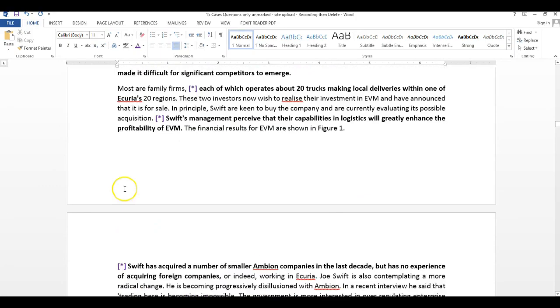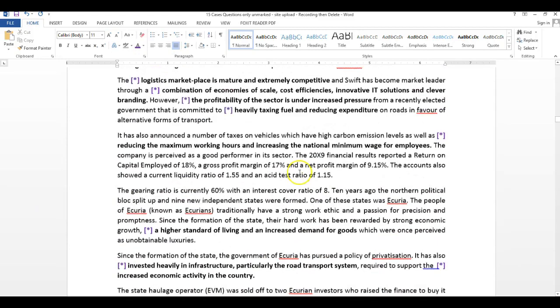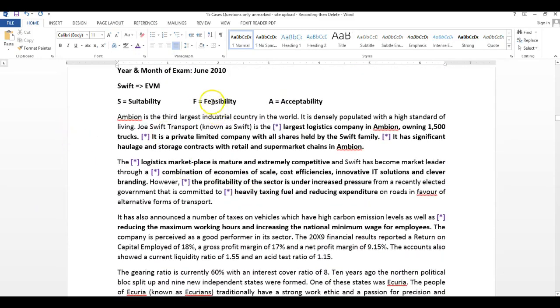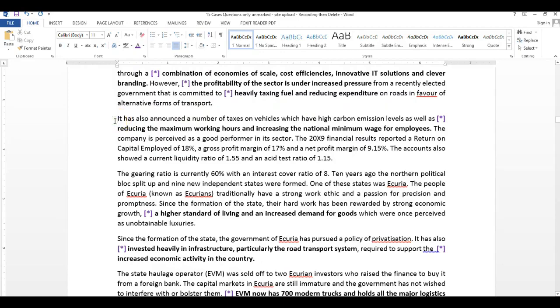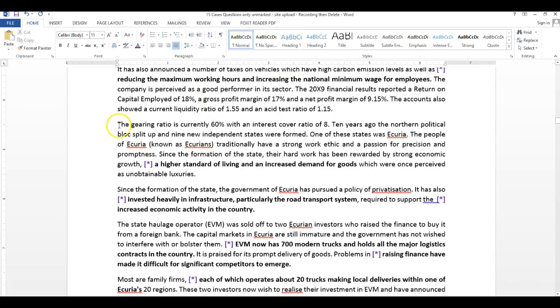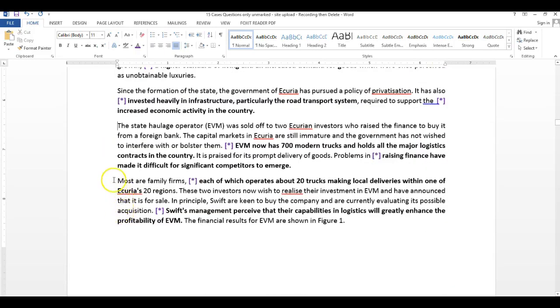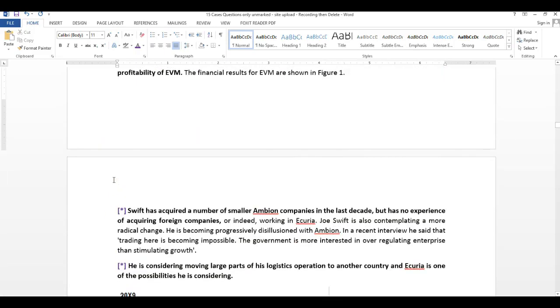The reason is that we first read about the Ambient country, then the Swift company, then we go back to the Ambient country's new regulations, then we move on to the Ukraine country, then to the EVM company. There is always some back and forth movement between one company and another country, another company. It keeps moving, so it's a little bit difficult to explain this kind of case study.